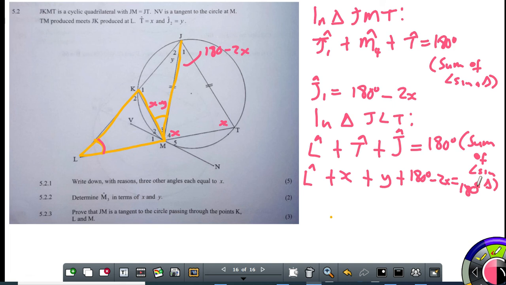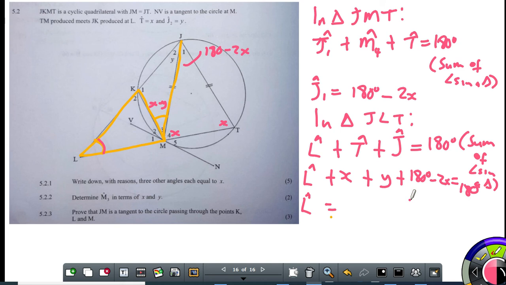Let's solve it. So this will be L, x minus 2x, that will give us minus x. Right? So we'll end up getting L equal to, if I take the 180 to the other side, it will cancel out with the 180 that is already there. So you get 0. Then minus 2x plus x will give us minus x.